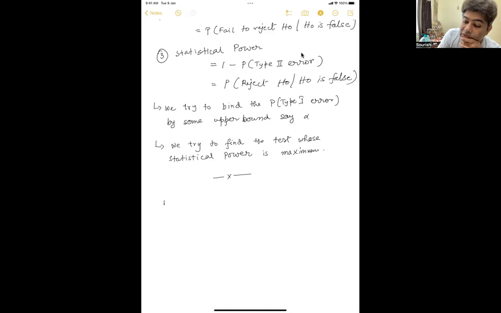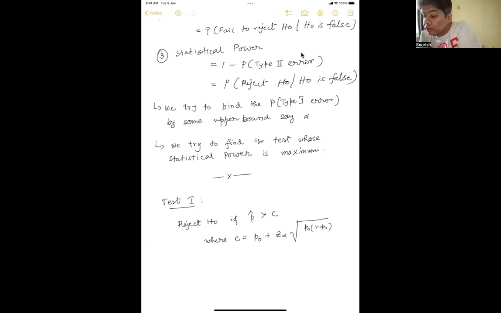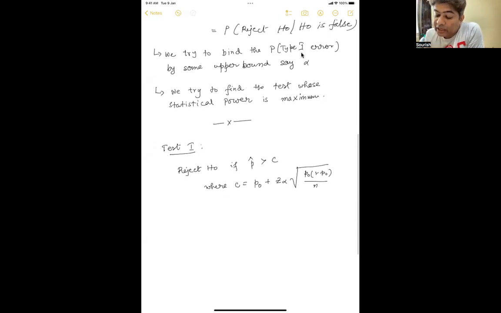Test one: you reject H naught if P hat is greater than C, where C is P naught plus Z alpha times the square root of P naught into 1 minus P naught by N. So this is one test.